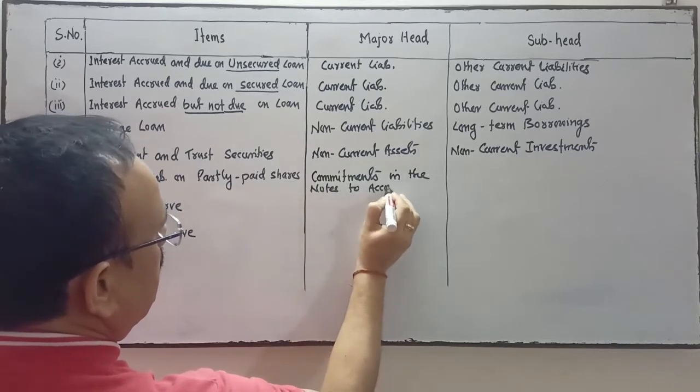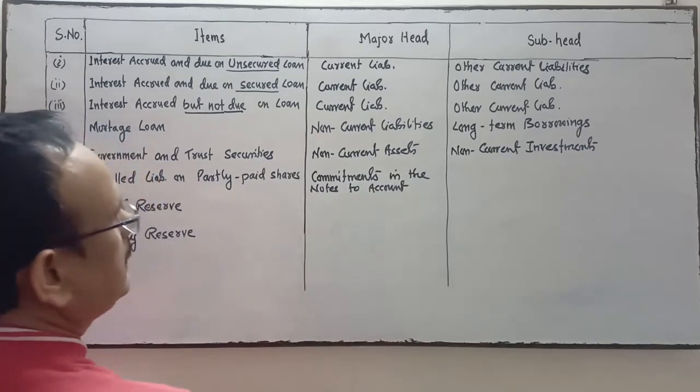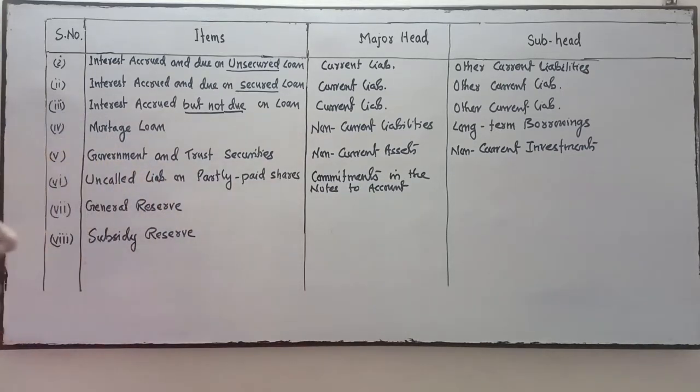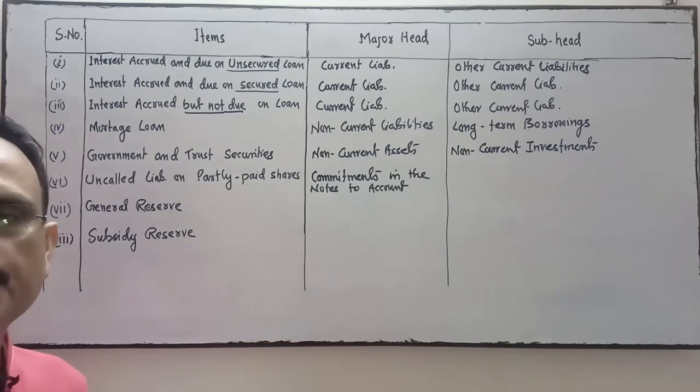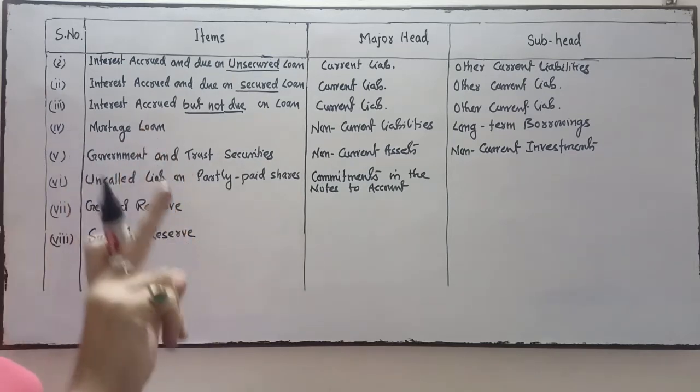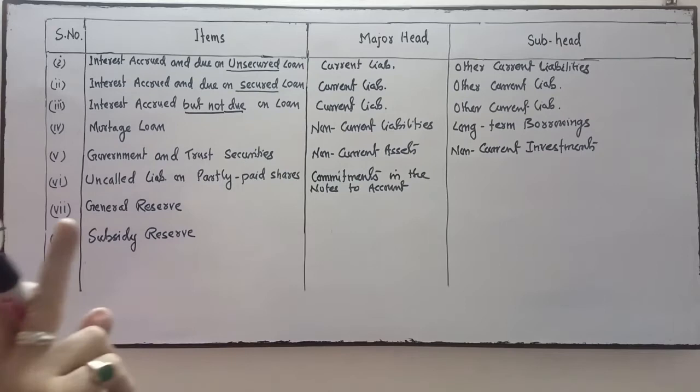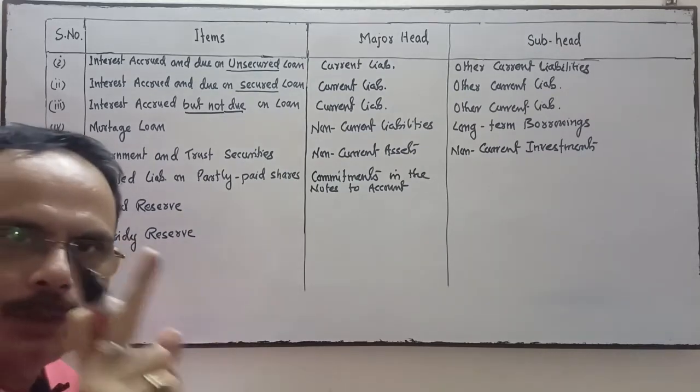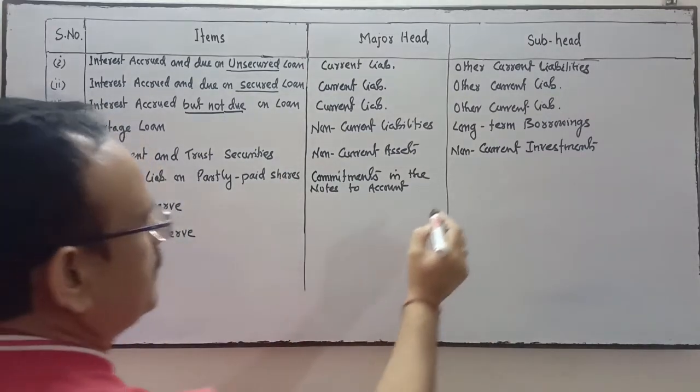It is not shown in the balance sheet. In the notes to accounts, contingent liability and commitments are shown in the footnotes. Under the notes to accounts, commitments. No subheadings.